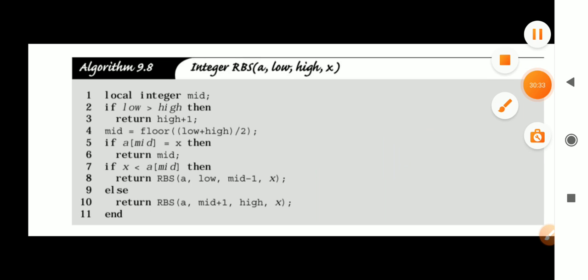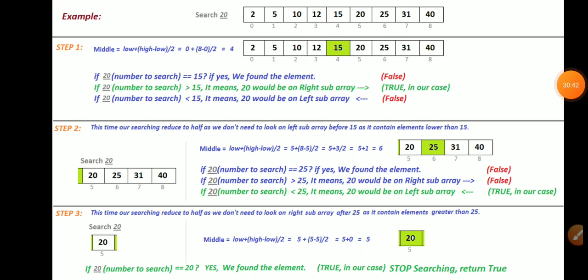Now we will see the actual example of the binary search algorithm. Here we have an array of 8 elements, a sorted array.